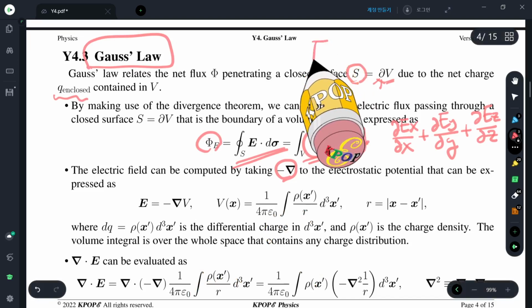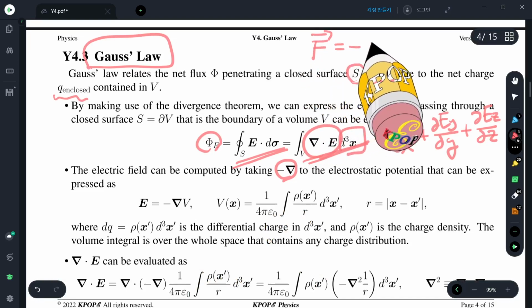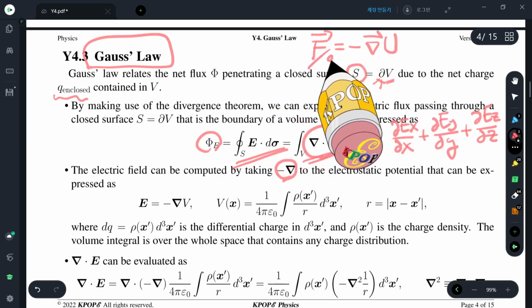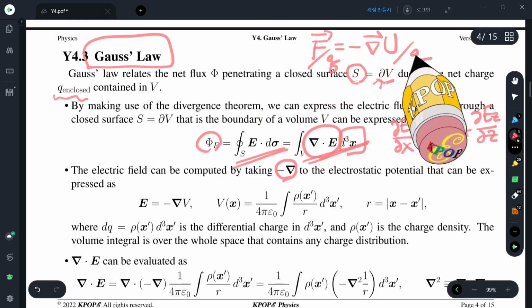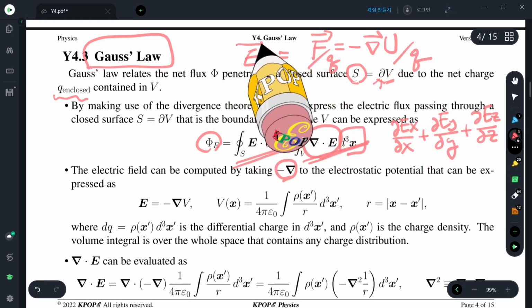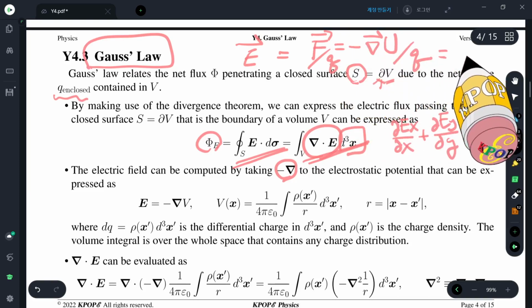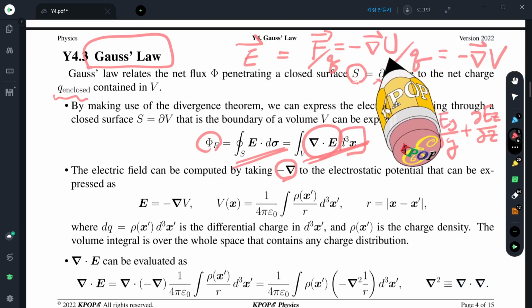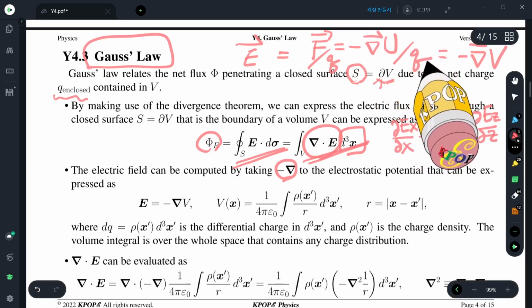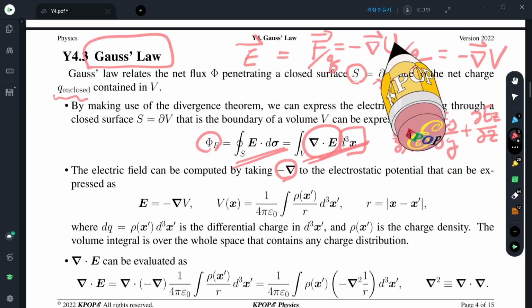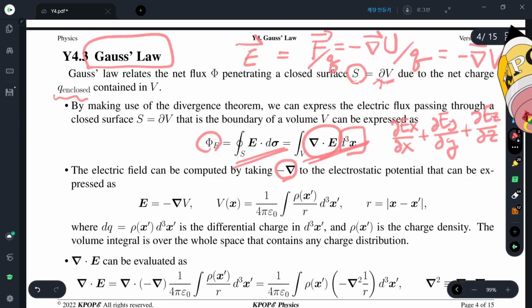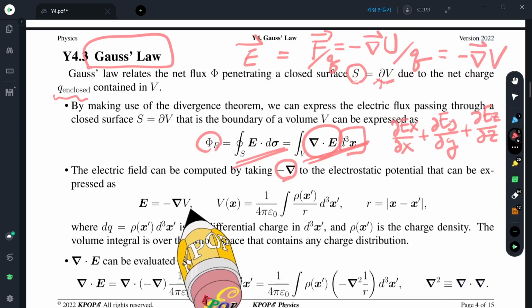You remember the conservative force is always expressed as a minus gradient of potential energy, and if we divide this by the test charge, then this becomes the electric field, and this becomes the electrostatic potential. This U represents the electrostatic potential energy, and if we scale by the test charge, then we end up with the electrostatic potential. So the electric field is minus the gradient of the potential, where V is the potential.